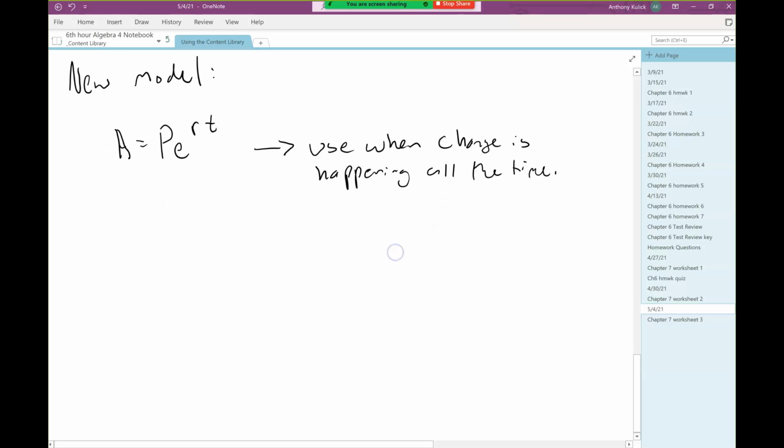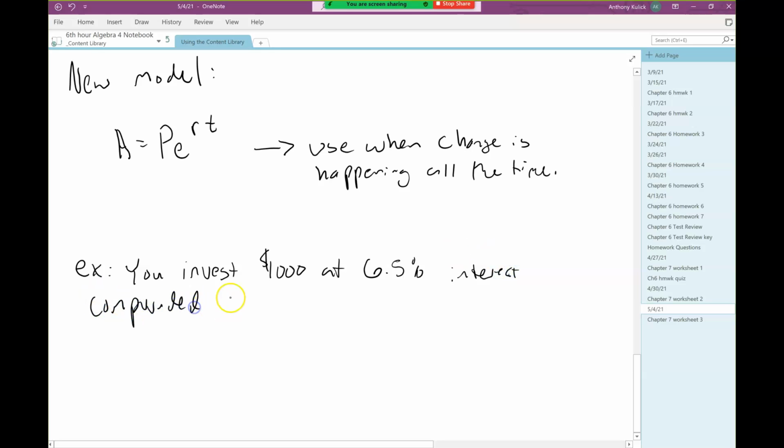You could even apply this to a compound interest situation. So let's say you invest $1,000 at 6.5% interest, compounded continuously.